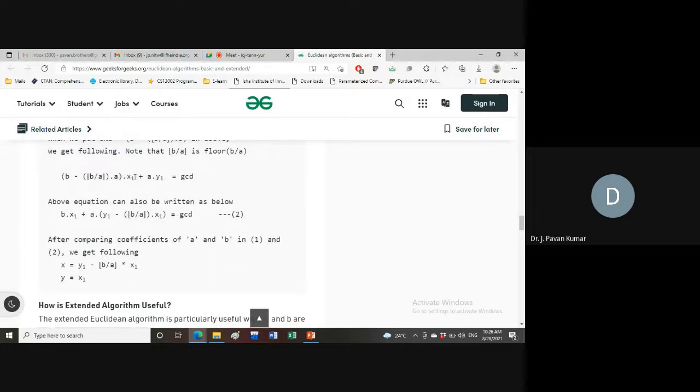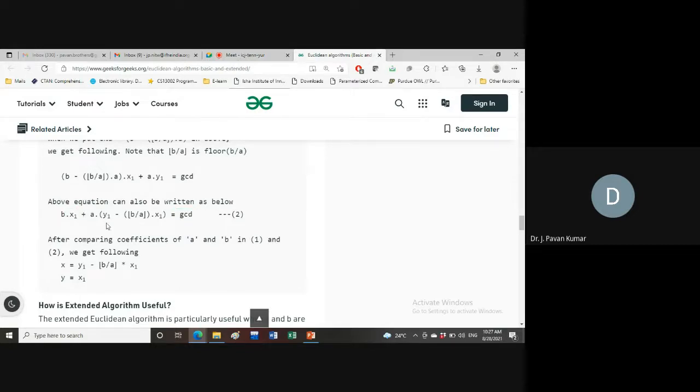Then here you can take a as the common factor: a into y1 minus floor of b by a into x1. This entire thing becomes the a multiple, and this becomes the b multiple, which is equivalent to GCD.